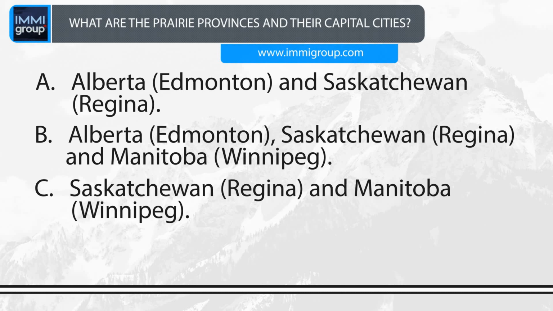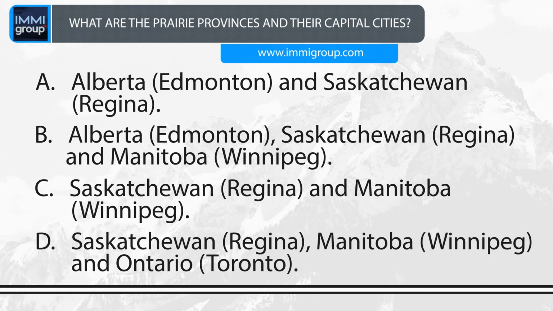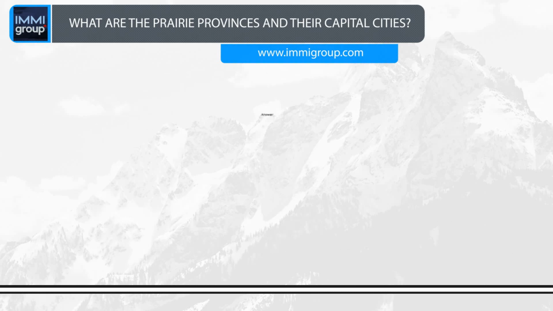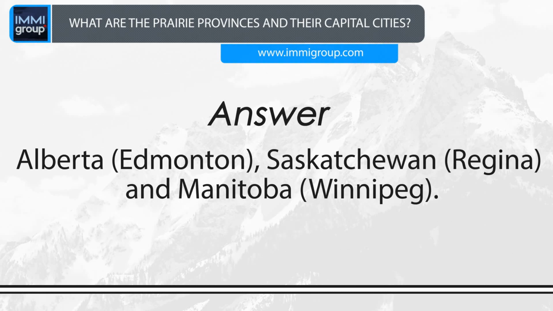C. Saskatchewan, Regina, and Manitoba, Winnipeg. D. Saskatchewan, Regina, Manitoba, Winnipeg, and Ontario, Toronto. Answer: Alberta, Edmonton, Saskatchewan, Regina, and Manitoba, Winnipeg.